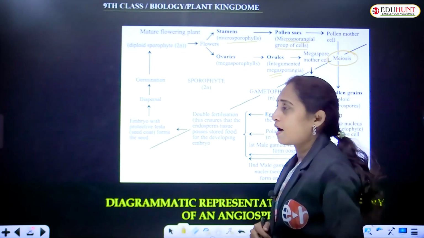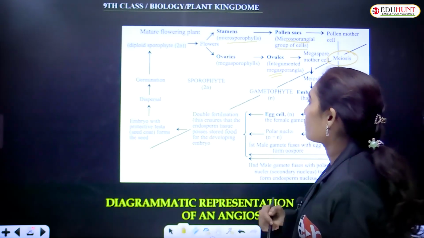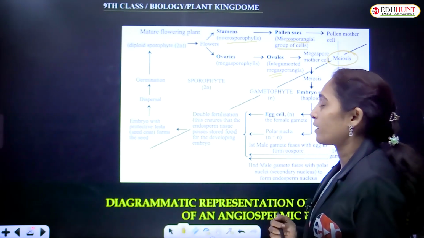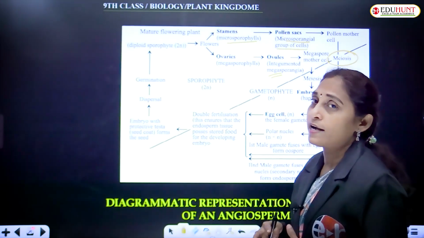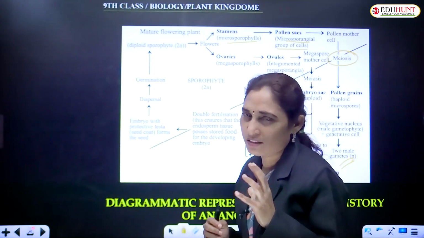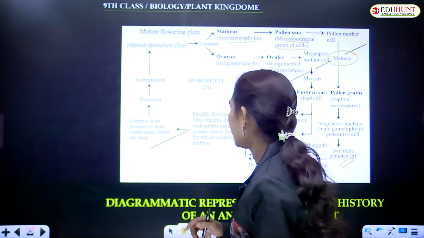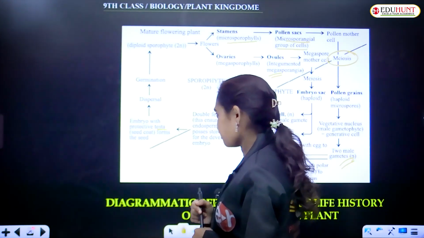Double fertilization occurs, that is triple fusion, and after formation of all these things, the embryo will be produced, and it has two layers. The seed has two layers, testa and tegmen. Testa is the seed coat.